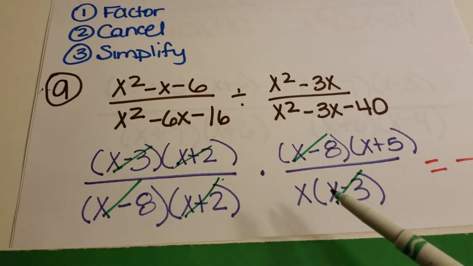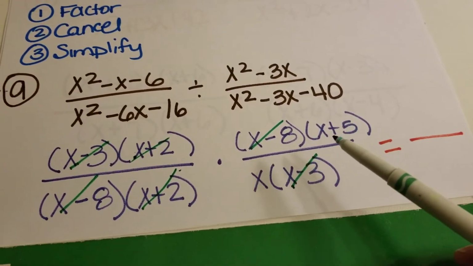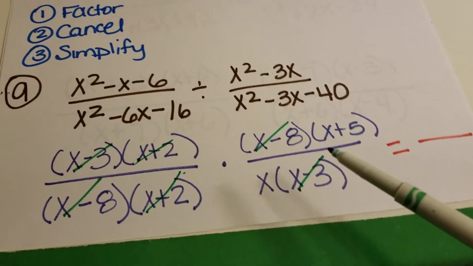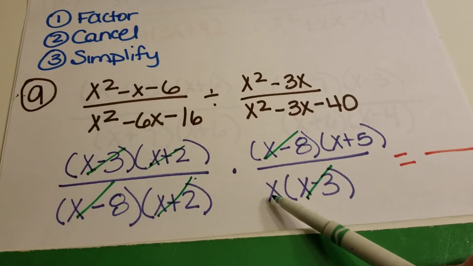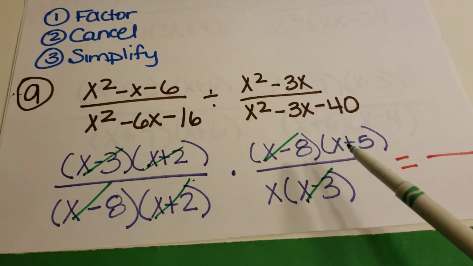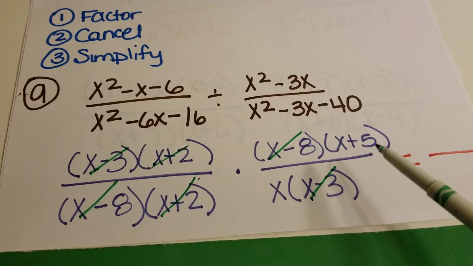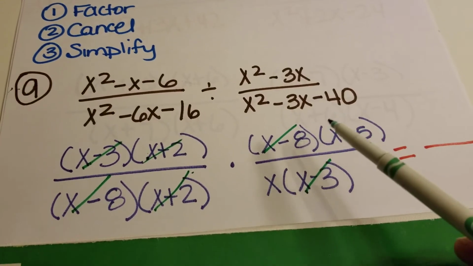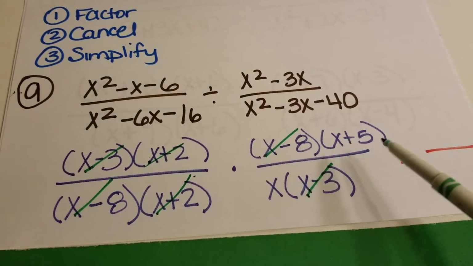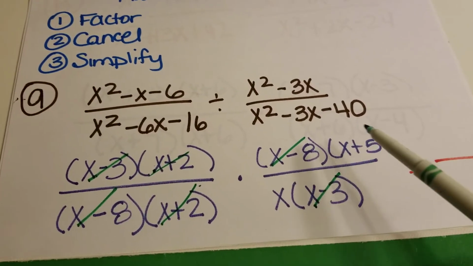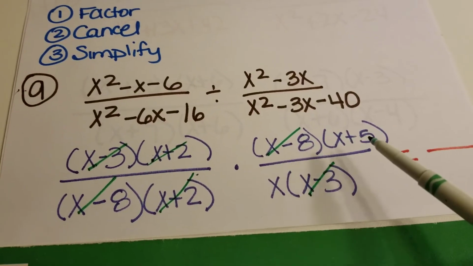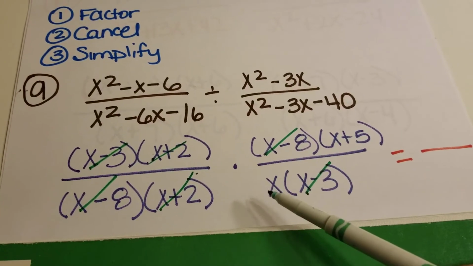And alert, warning. So many people want to take this x up here and cancel it with this x down here. No, you can't do that. Don't do it. I will collapse and fall and cry. x plus 5 is a factor of its own. It has to stay as a unit. You may not cancel that with just a plain x.